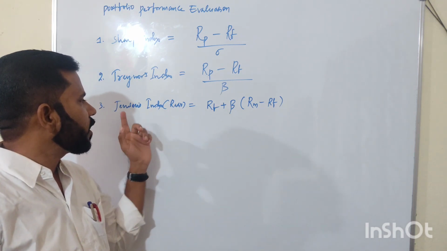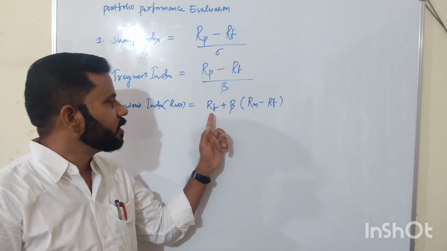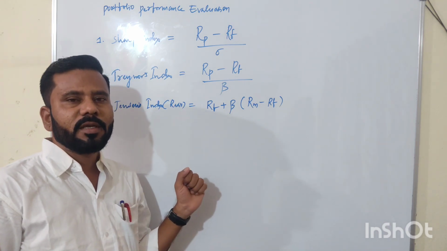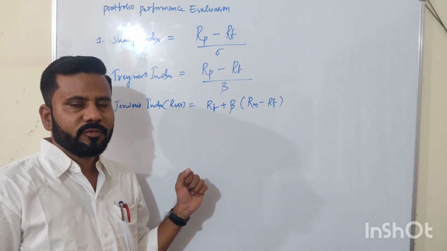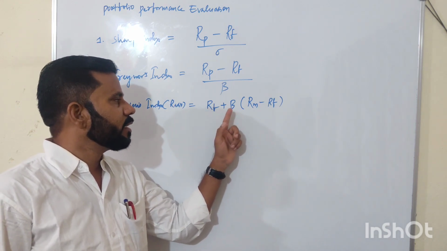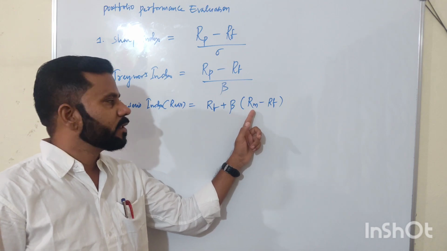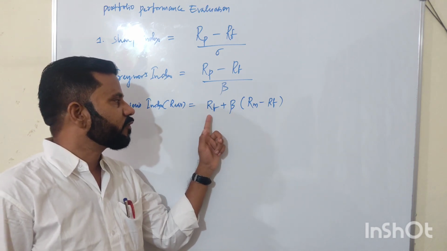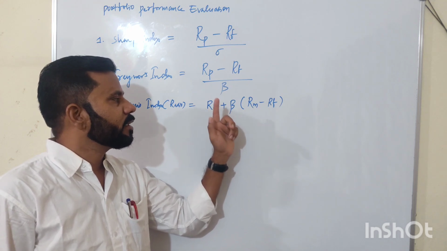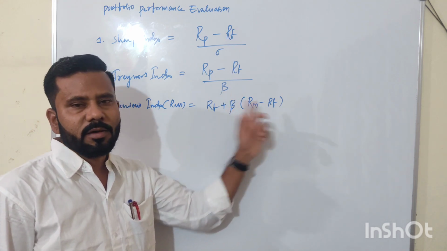So to find out the Jensen's ratio, we require risk-free rate, beta, market return. What is the formula? Risk-free rate plus beta in a bracket market return minus RF.